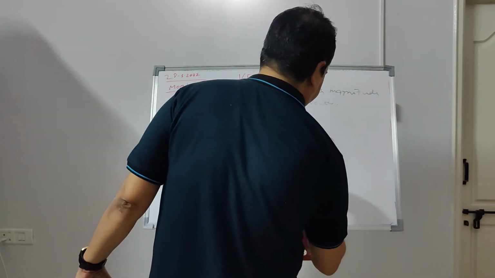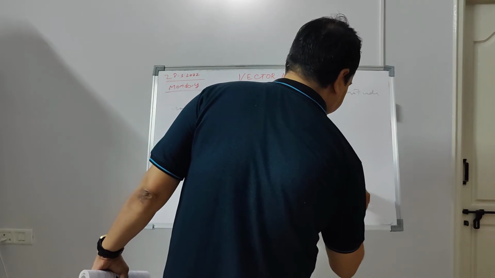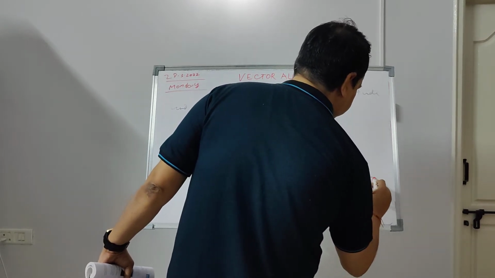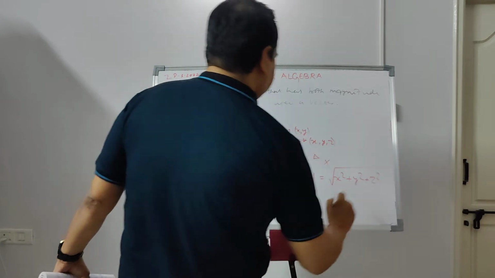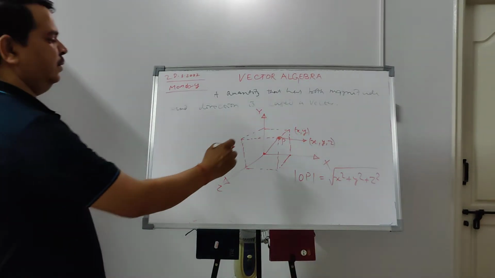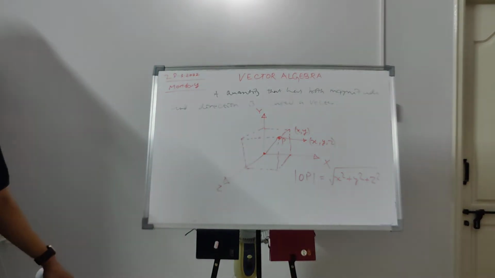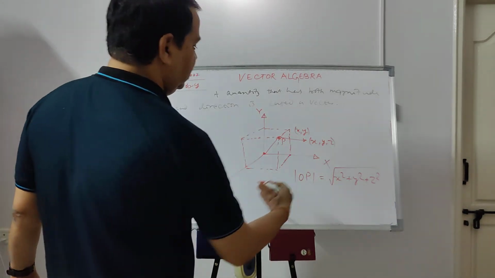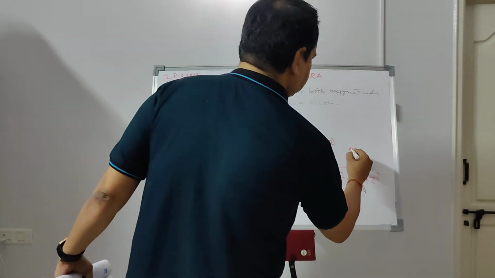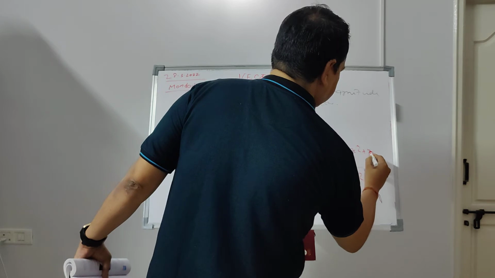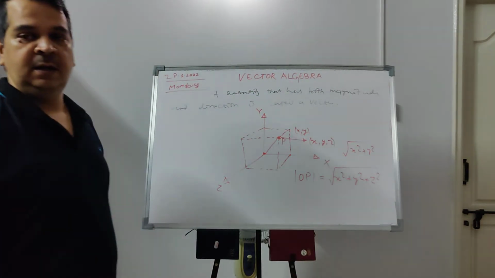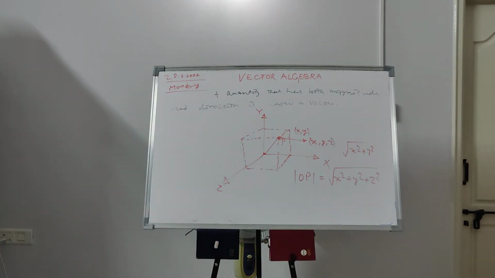Its magnitude will become the square root of x square plus y square plus z square. Because just imagine if it is not moving in z direction, if it is only in the xy plane, it would have become the square root of x square plus y square. Now if it is moving in z plane, it's x square plus y square plus z square.